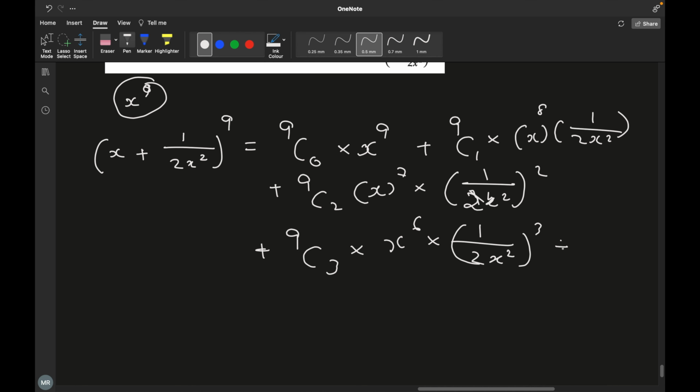After this step, you can write plus so on till 1 divided by 2x squared whole to the power of 9.